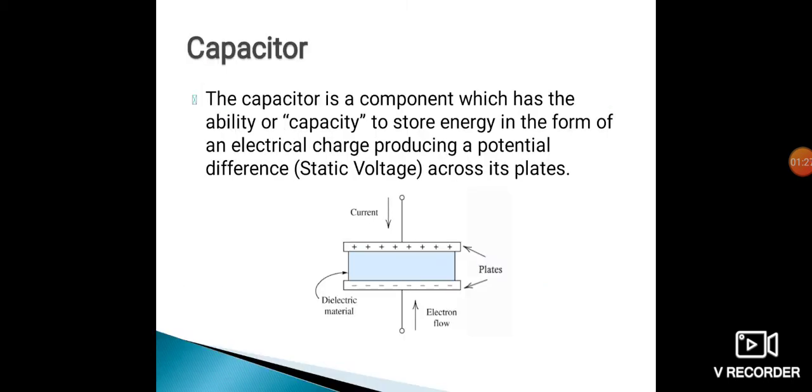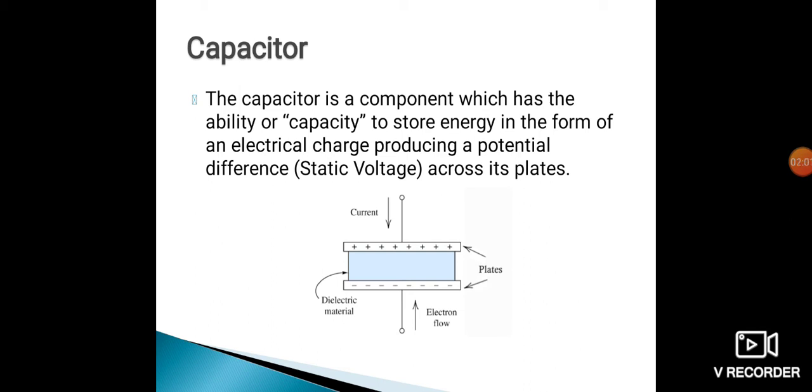A capacitor is a component which has the ability or capacity to store energy in the form of electrical charge, producing a potential difference across its plates. That means a capacitor has two plates that are separated by a dielectric material. Dielectric material means insulating material.